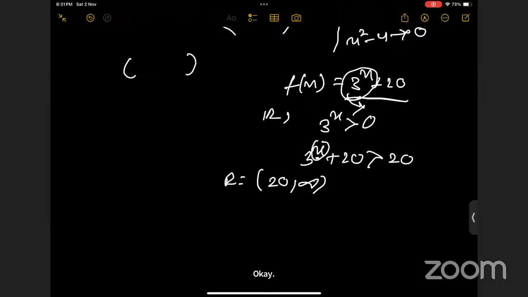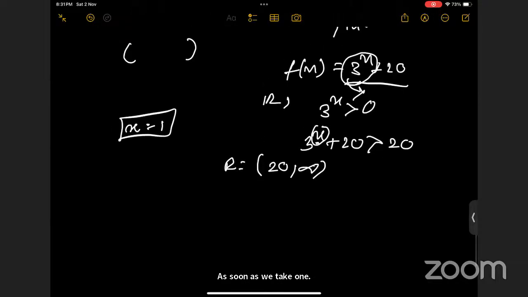See, if x is constantly 1, then this is a constant function. But when we are varying x over the real line, then it is not a constant, because it will give 3 at just one point, when x equals 1.